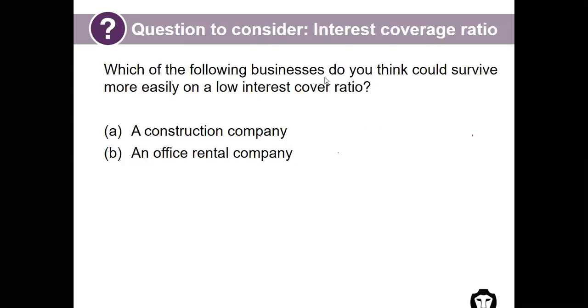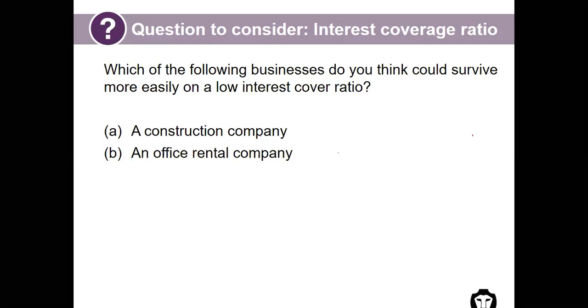Which of the following businesses do you think could survive more easily on a low interest cover ratio? A construction company or an office rental company? Of course, a construction company cannot work with low interest cover ratio, because low interest cover ratio means that profits are not much more than interest.